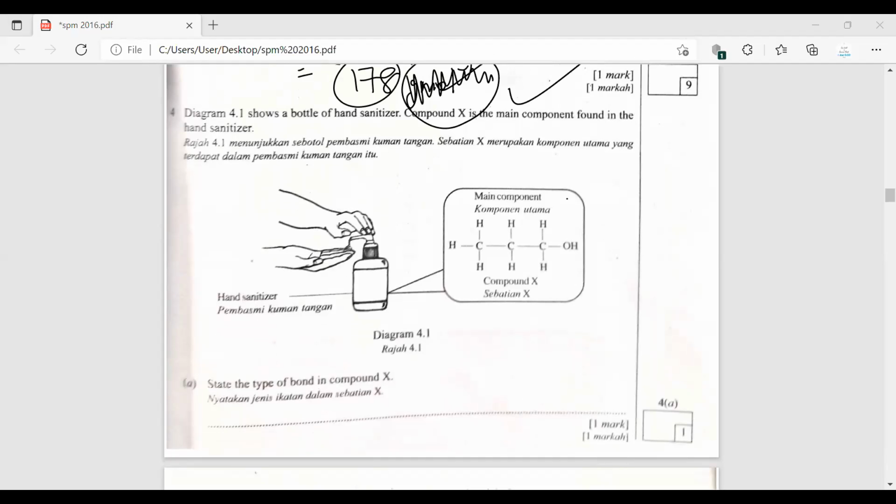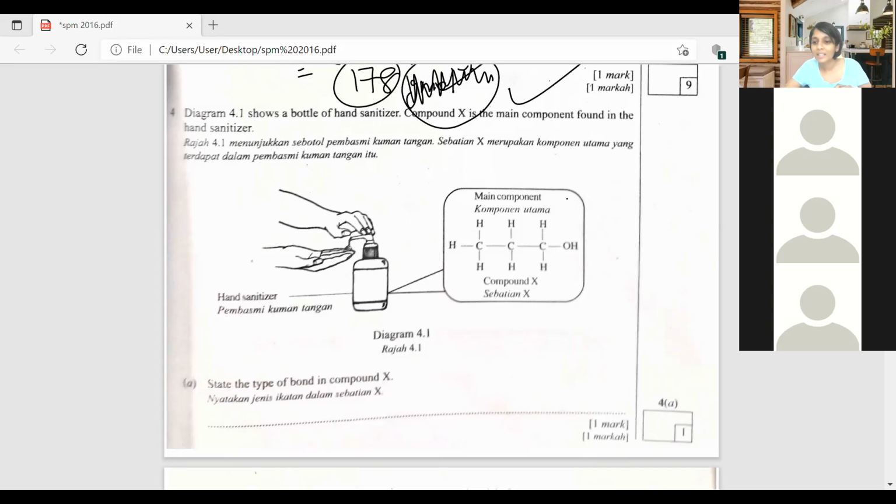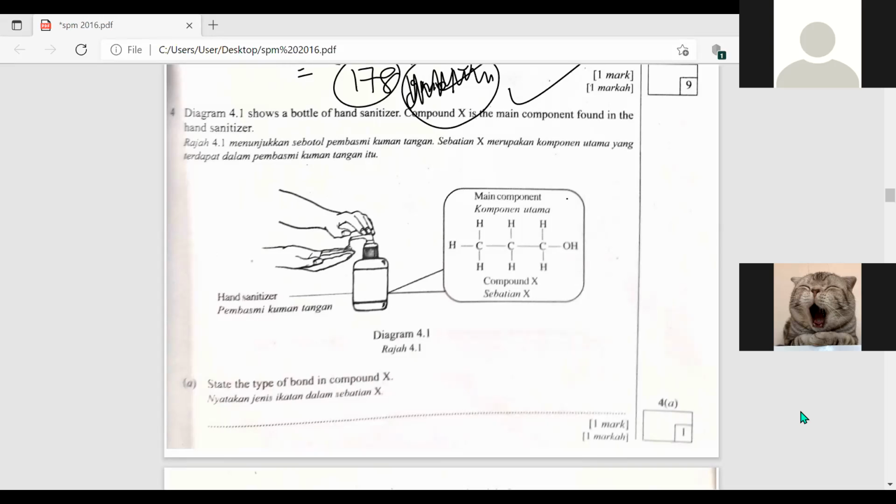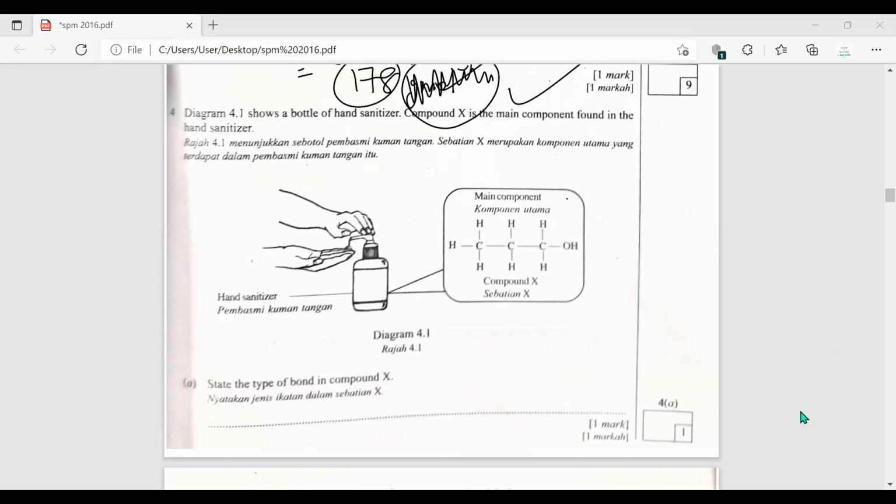Nage got 2, 2 out of 9. Irina 2. How about the rest? Navina 5. Okay, good job. Hurin 2. Farisha, I don't see Farisha. So you all can see which are your weak points here.